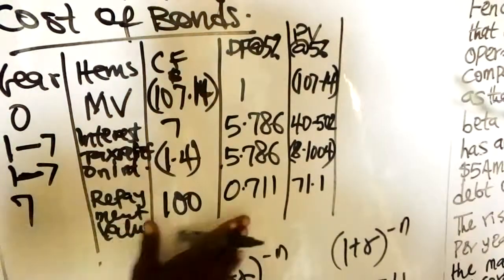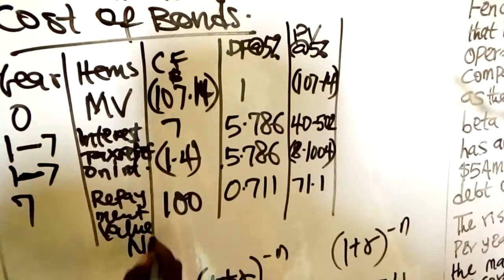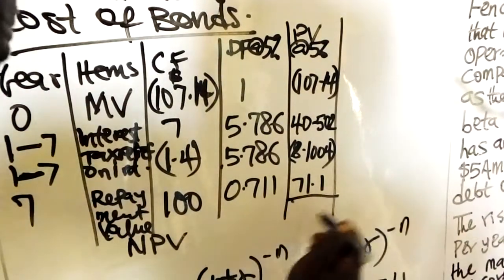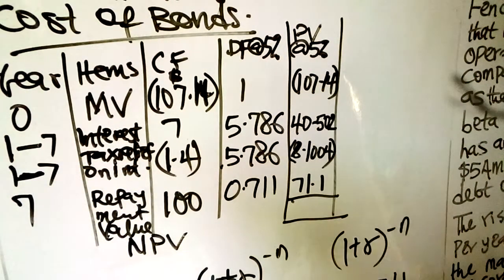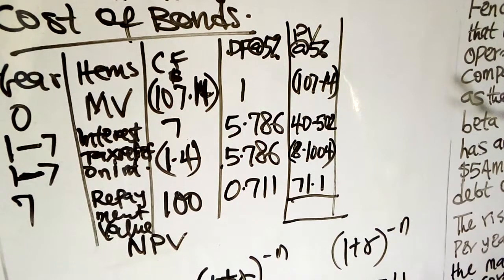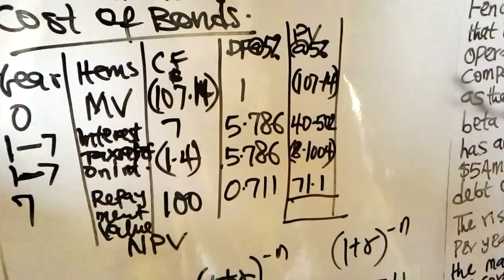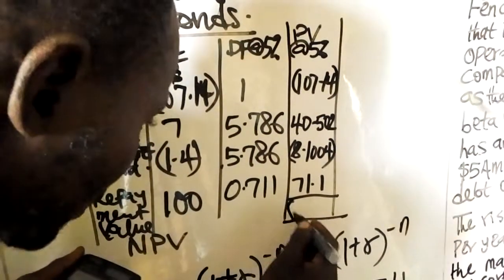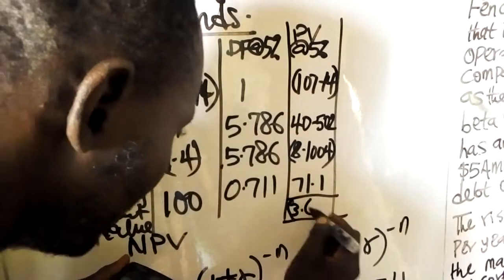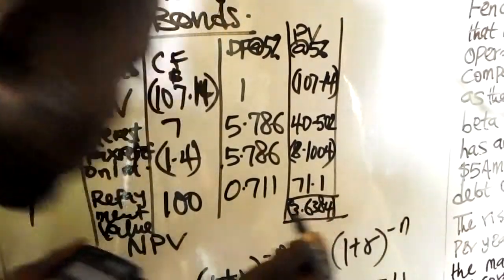What will be the NPV of that? The net present value. You sum it up: 71.1 minus 8.1004 plus 40.502 minus 107.14, then we have minus 3.6384.